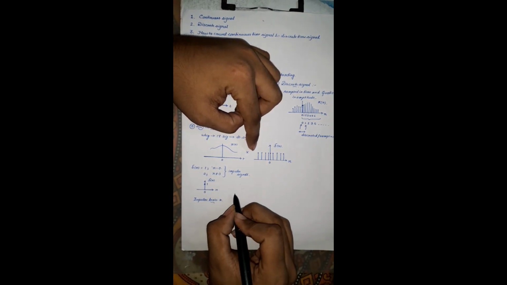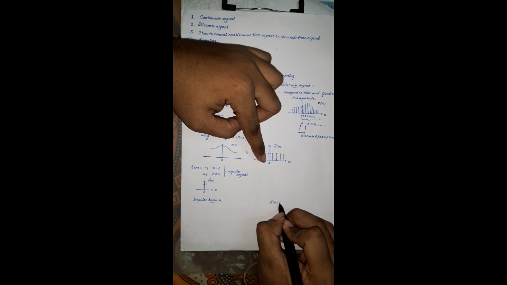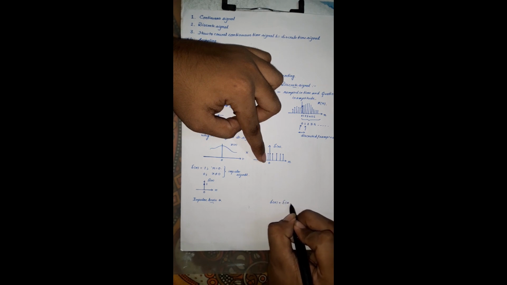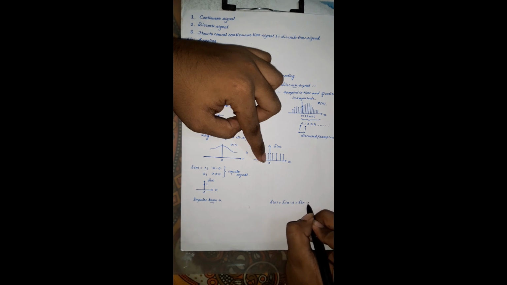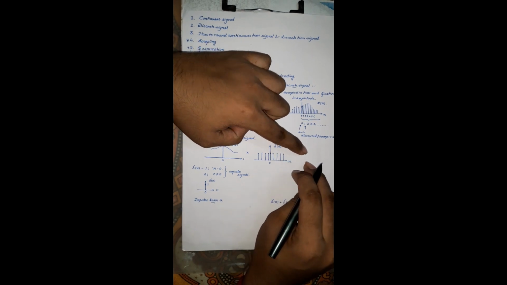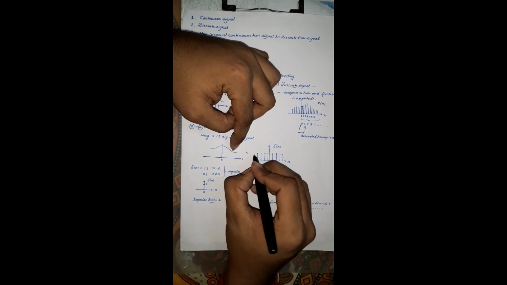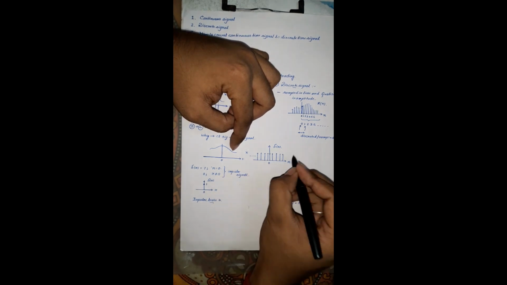So we can write the same impulse present at 0, and shift it to the right, that is del n minus 1, del n minus 2, del n minus 3, continuing to the right. This impulse also continues in the left direction, because this is an impulse train and is not finite.